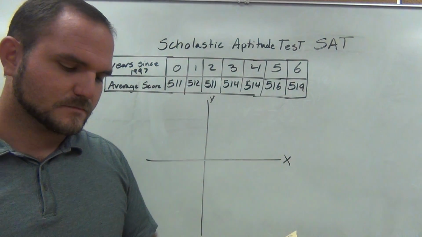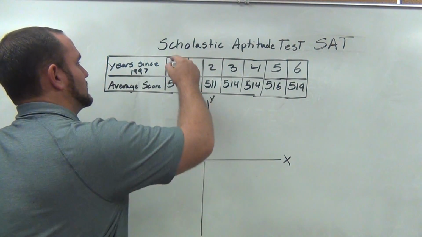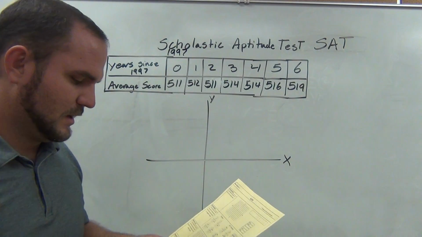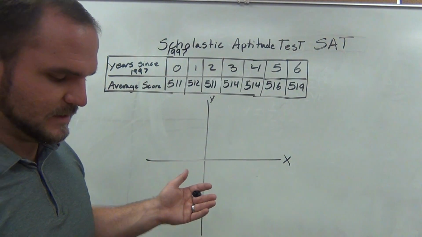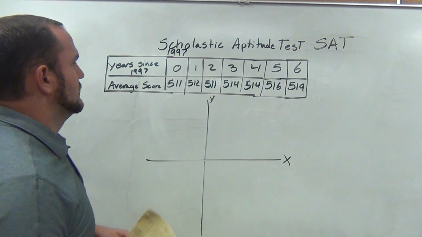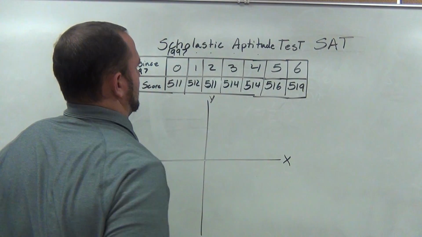In the table, 0 corresponds to the year 1997. Okay, so this is 1997. All right, and then 1 would be 1998, and so on.